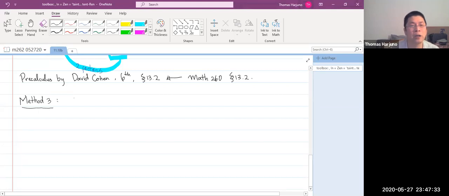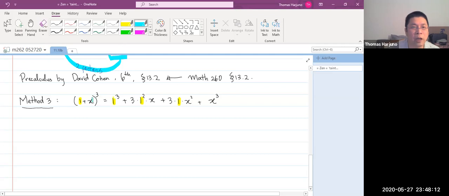Suppose I want to find the expansion for 1 plus x to the power of 3. We know the expansion: 1 to the power of 3 plus 3 times 1 squared times x plus 3 times 1 times x squared plus x cubed, where my a is 1 and my b is x.